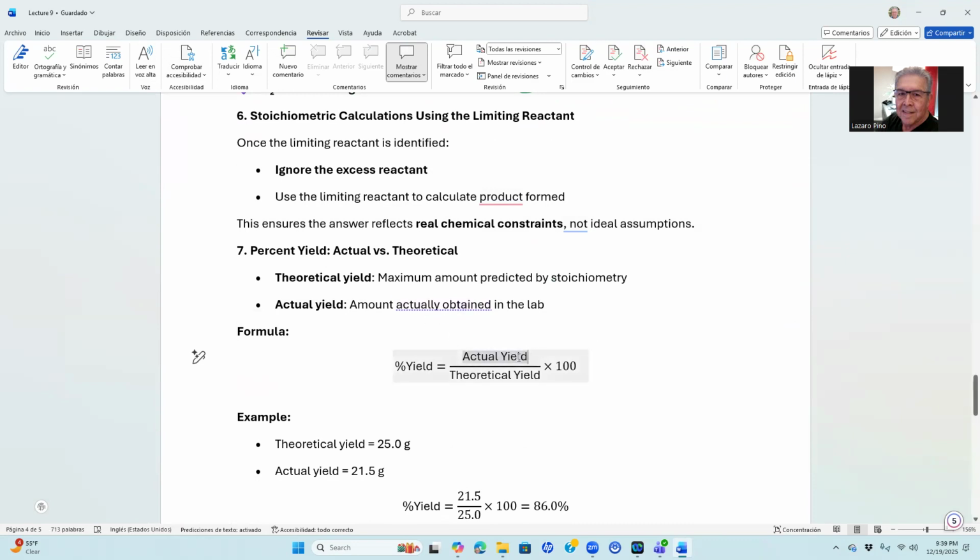Generally in chemistry, the actual yield is smaller than the theoretical yield. That is the one that you get by calculation.